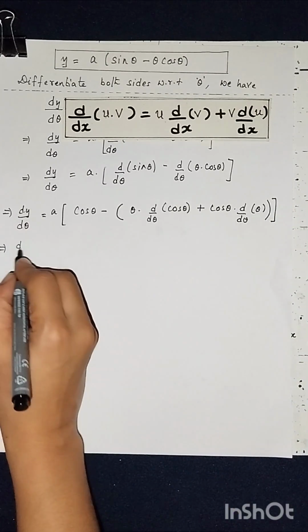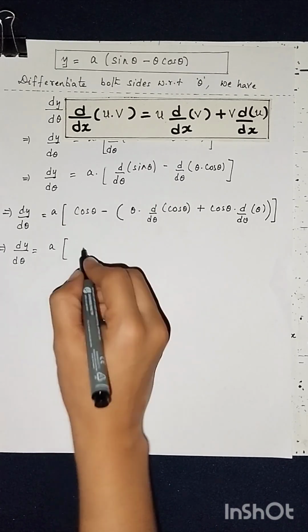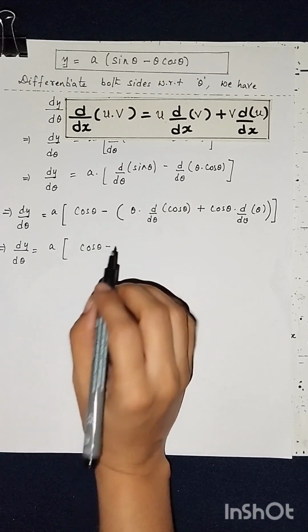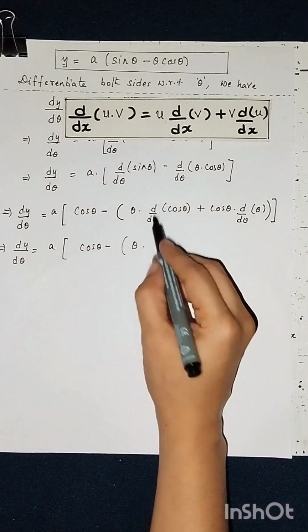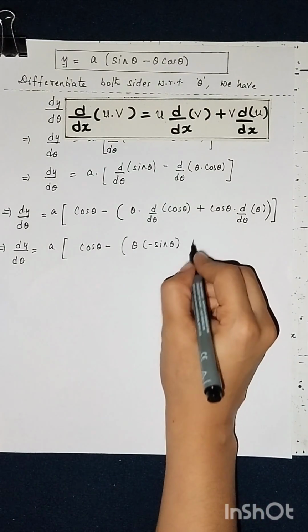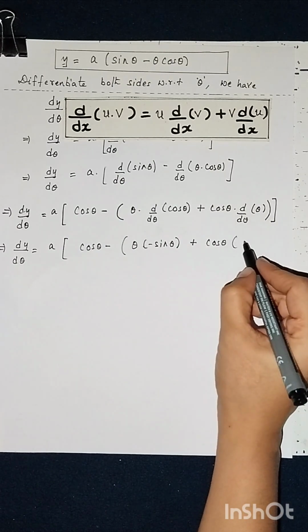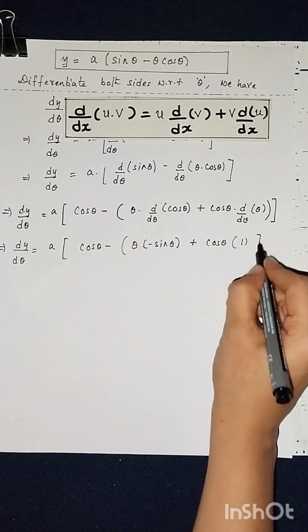Now this implies dy by d theta is equal to a into cos theta minus theta into derivative of cos theta, which is minus sin theta, plus cos theta, and derivative of theta with respect to theta will be 1.